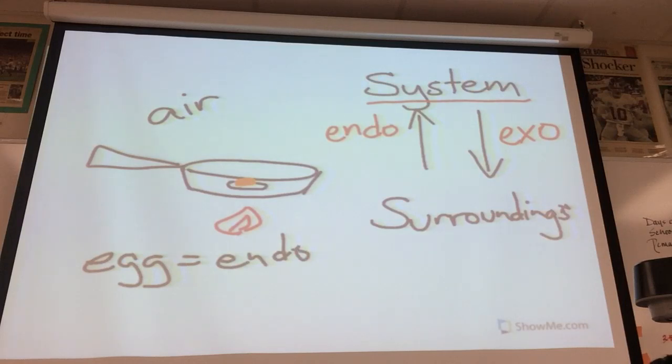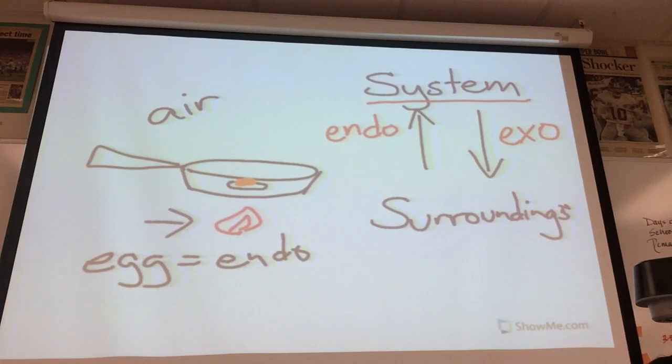Now, let's ask the question. Of all the components that I've actually drawn over here on the little whiteboard, in what situation would it be exothermic? Well, the only possible way that could be would be if the fire ends up becoming the system.